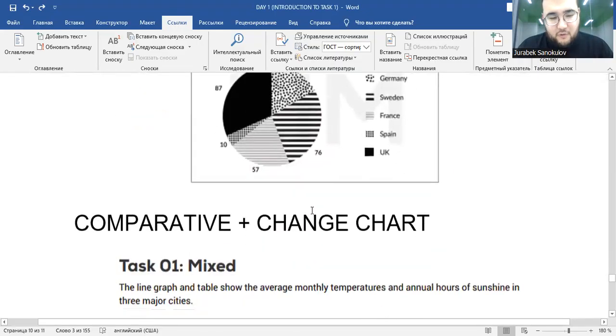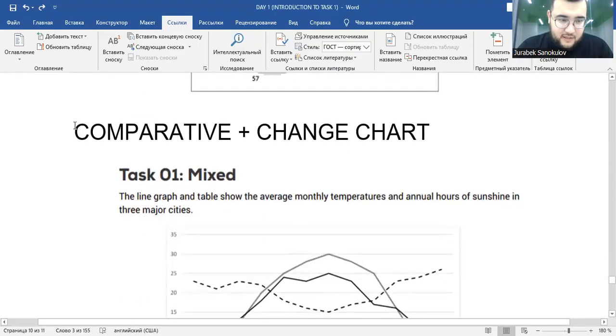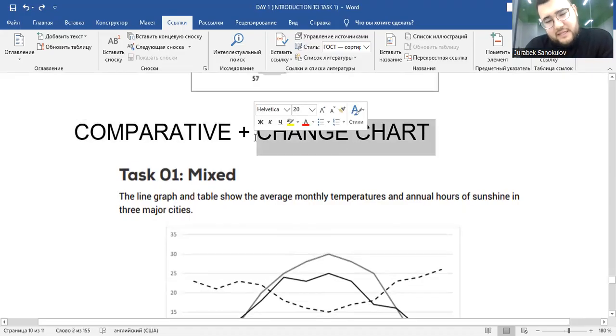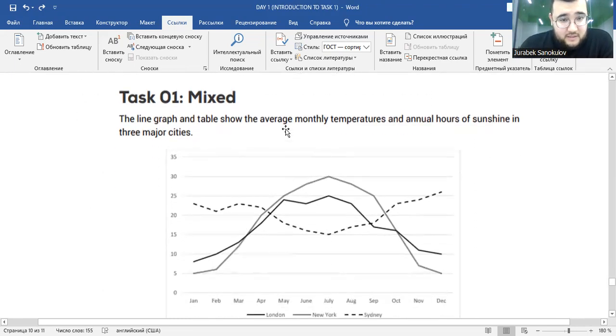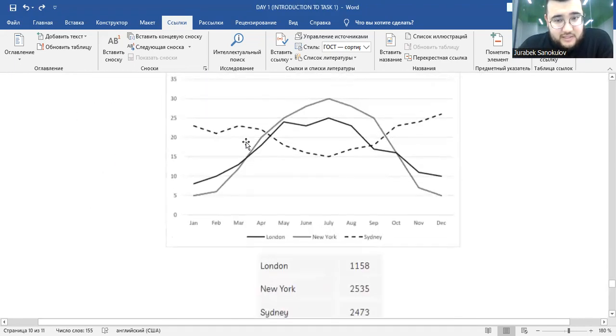And the final one is comparative plus chain chart. I believe this specific type is quite rare. Here, you're going to see two charts, one of which is a line graph, a change over time graph, because the information changes: January, February, March, April, May.